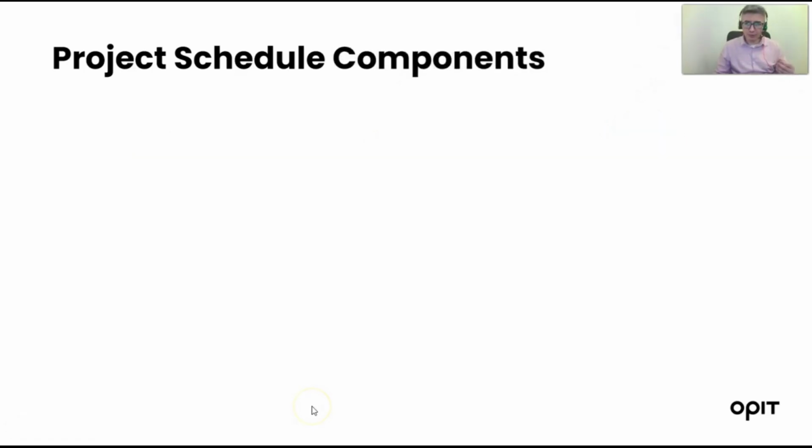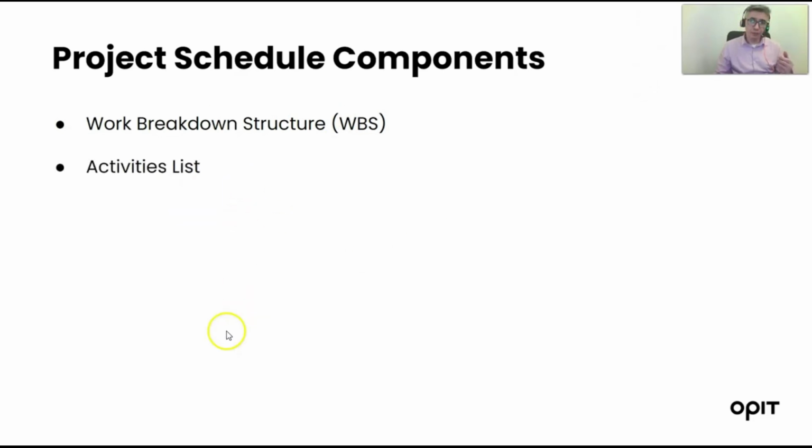What are the components that the schedule has? A schedule has some components. Let's review, first of all, WBS. WBS is a key component of our schedule. So the WBS will support us in creating the activity list that shows us how we are going to deliver the scope. Also, we'll estimate the activities' effort and duration.